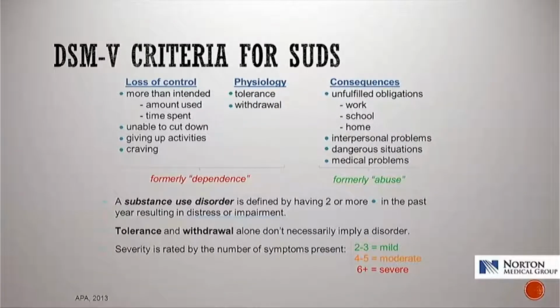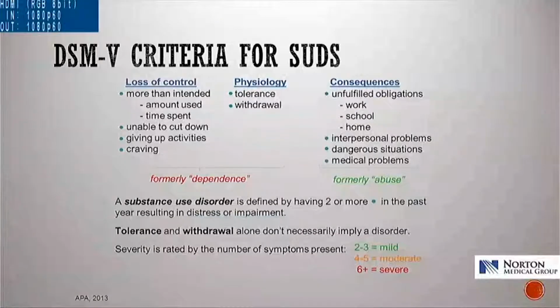Previously, it focused on dependence and abuse. And that is not in the DSM-5 criteria. Instead, they put all of these together in one scale to come up with a mild, moderate, or severe diagnosis. So we have a scale now of addressing mild, moderate, or severe disease.